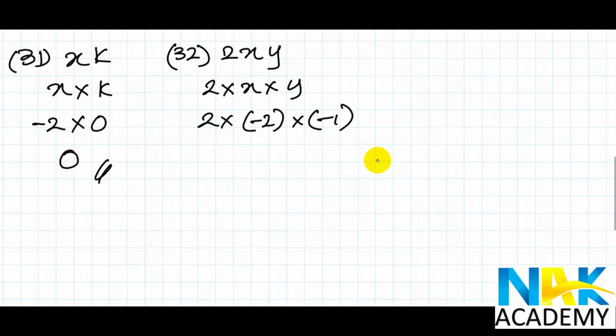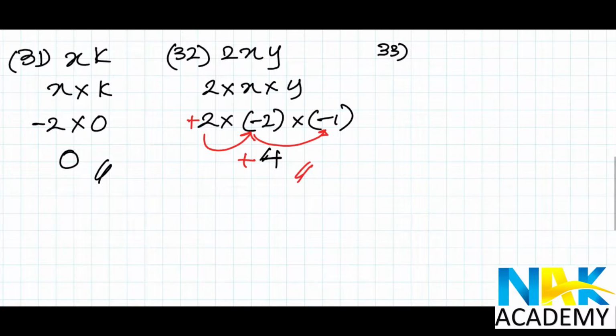So 2 multiplied by 2 is 4, again 4 multiplied by 1 is 4, and make sure you put the correct operator. Plus multiplied by minus is minus, again minus multiplied by minus is plus. So your final answer is plus 4.